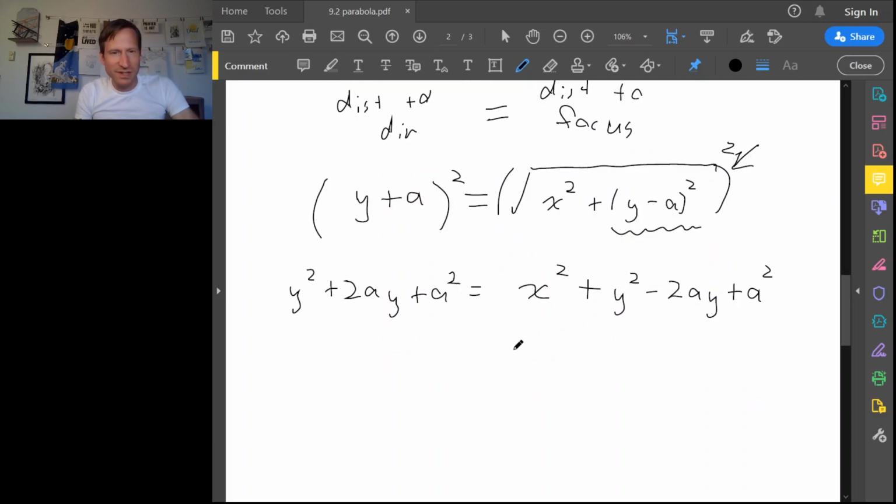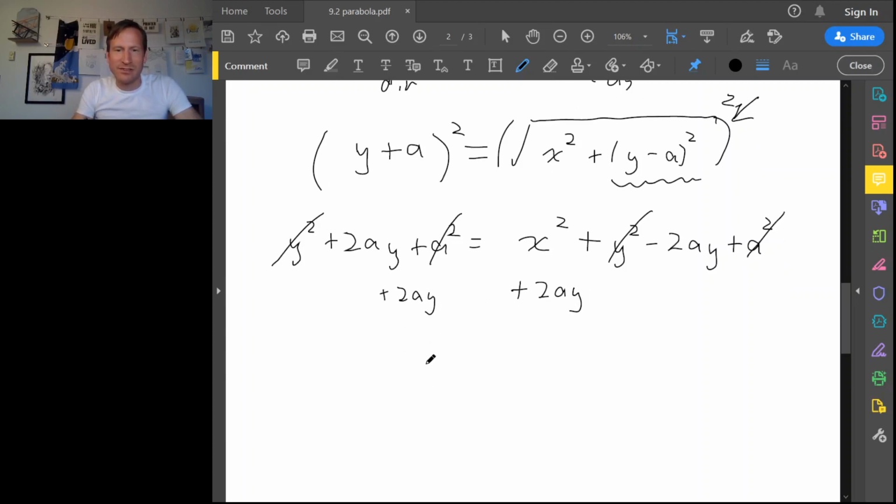All right, now we're looking for things to simplify. It looks like we can subtract y squared from both sides, so these are gone. We can subtract a squared from both sides, so those are gone. And then we can add 2ay to both sides. And that's going to give us 4ay equals x squared. Okay, well that's surprisingly simple.